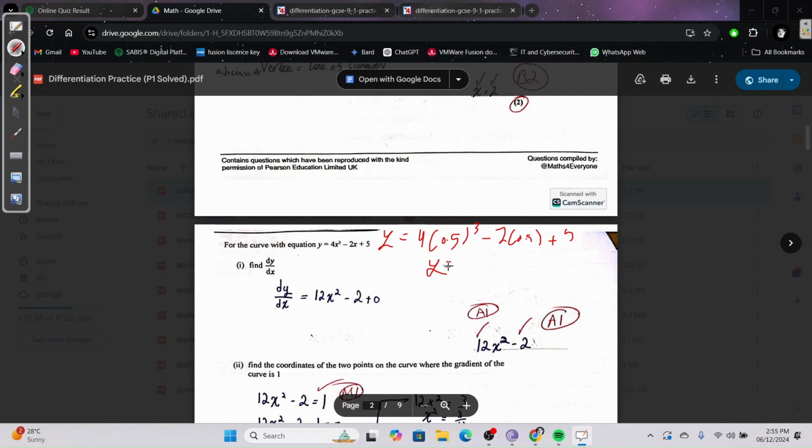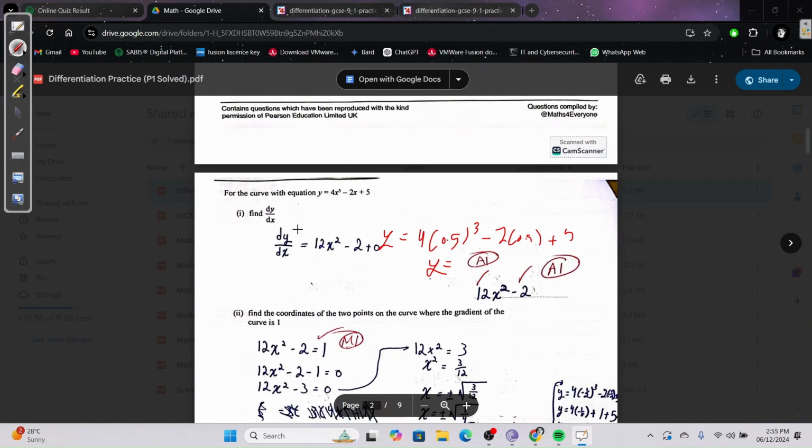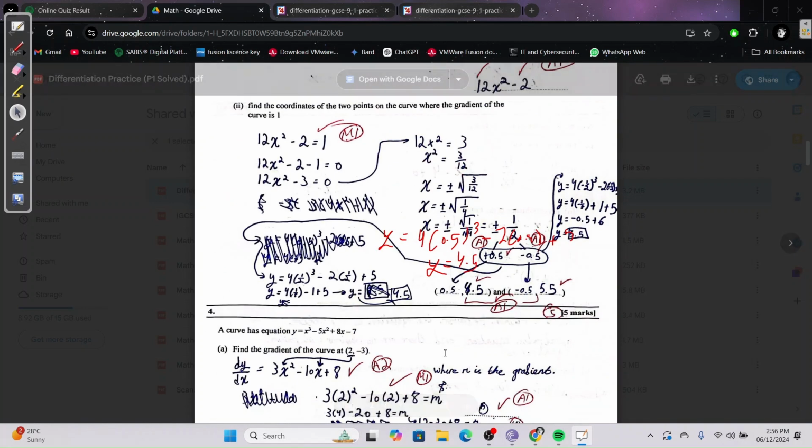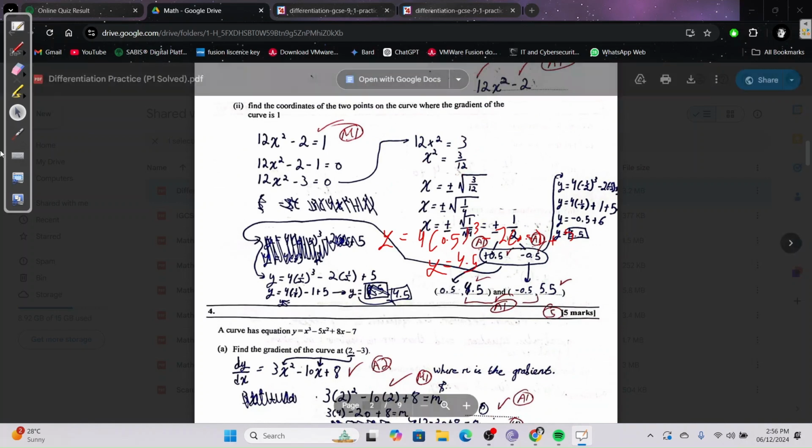You'll get y equals 4.5. Let me just check if it's actually correct. Yeah, okay. y equals 4.5. So when x equals positive 0.5, y will equal 4.5.